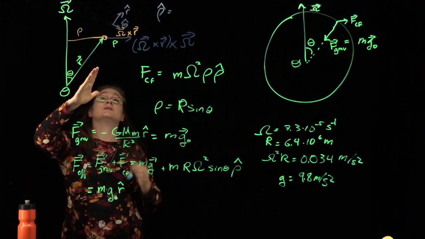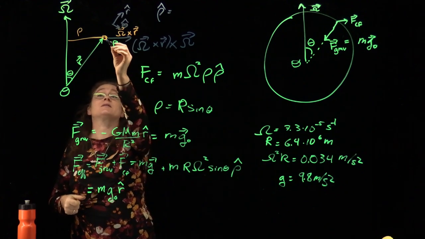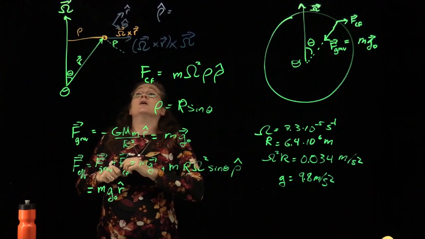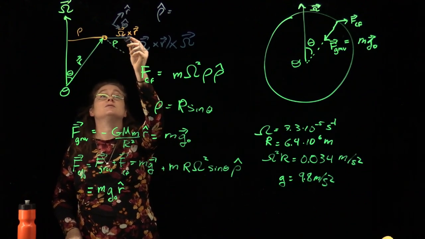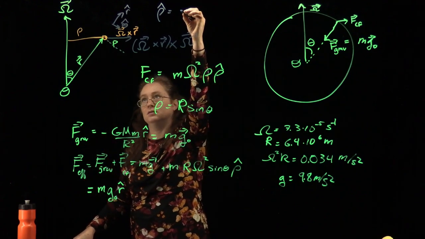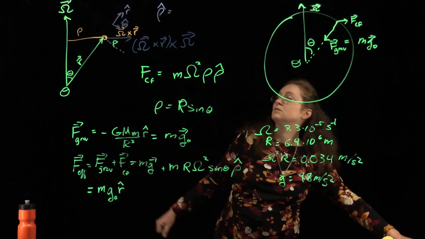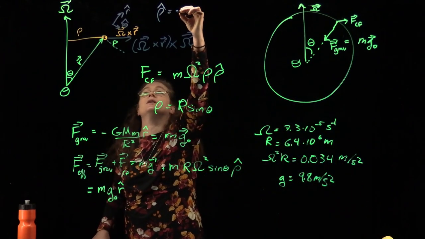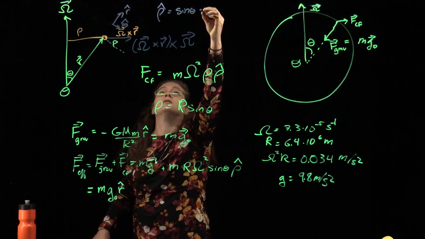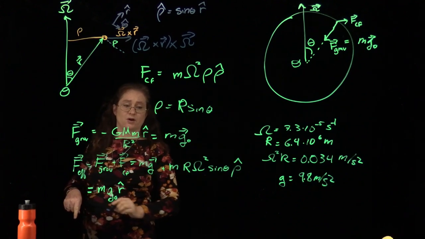So rho hat makes similar triangles. Rho hat is, I'm going to double check this. Yeah, so it is sine theta r hat, and actually here I should note this is in the negative r hat direction.